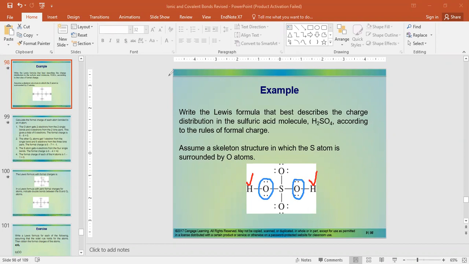And how do we go about that? We say that the valence electrons for oxygen are 6. Because we're only looking at one of these oxygens circled in blue. They are 6. Then we ask ourselves, how many bonds are there in each of these? There are 2.